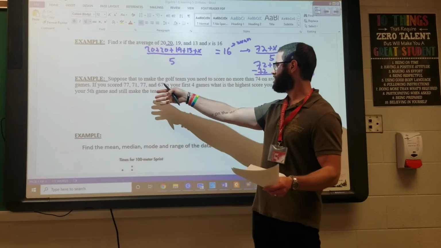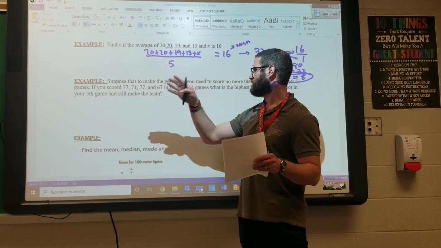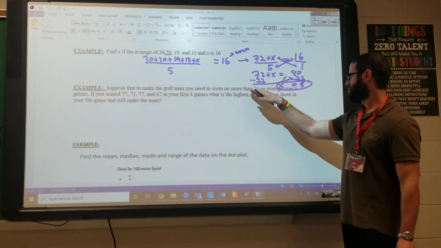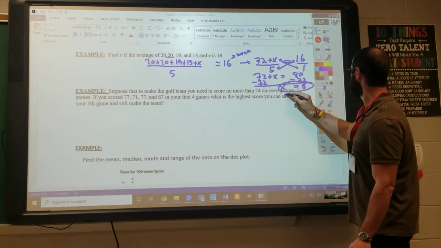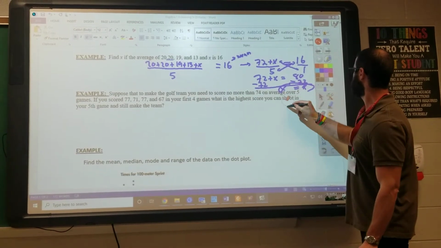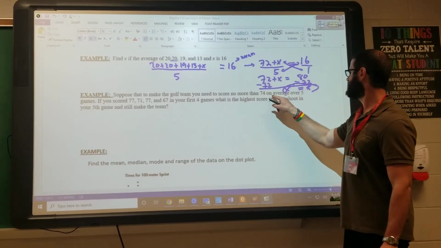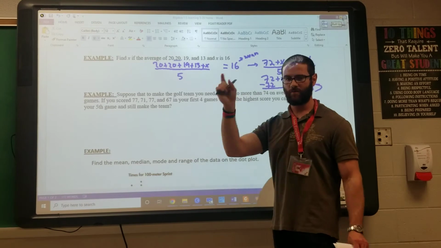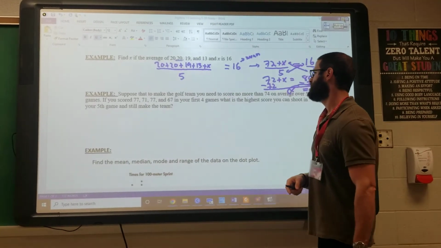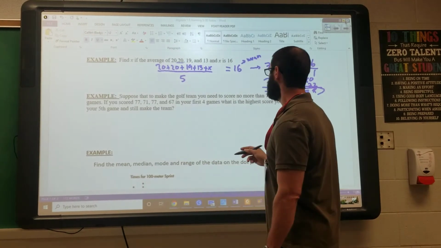Here we're looking at what golf score we need, based on our first 4 scores, to attain a certain average. We have to score no more than 74 on average over 5 games. So once again, our number of terms is going to be 5. On average means we're finding the mean.